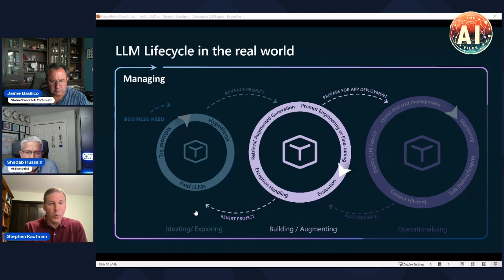So what is that process to allow me to test with a new model so that I am ready to go when that model is ready, or when I'm ready to start using the new model before it gets deprecated? And so having all of that automation makes that a much easier task, much quicker, and makes it so that you can get into production using these newer models that much easier and that much faster.